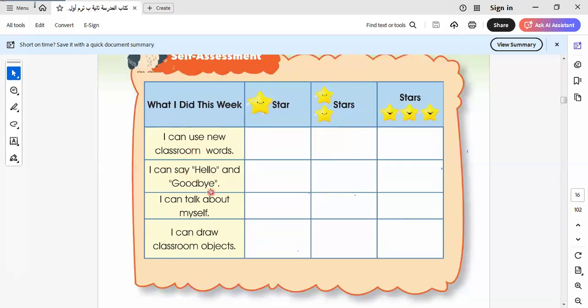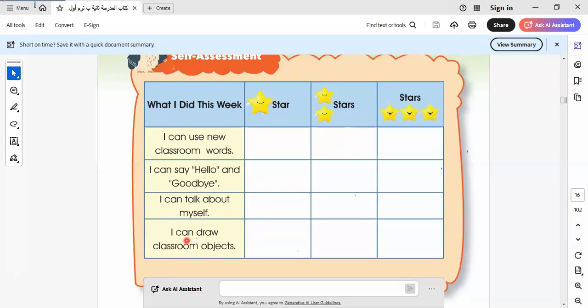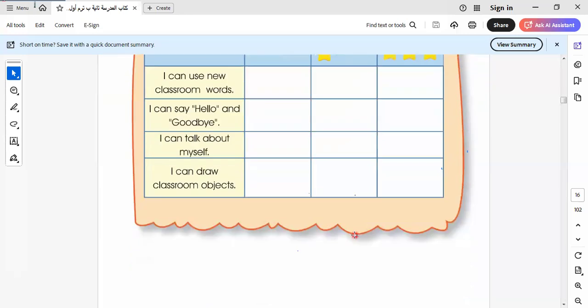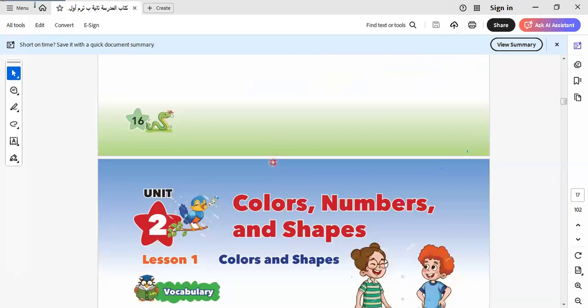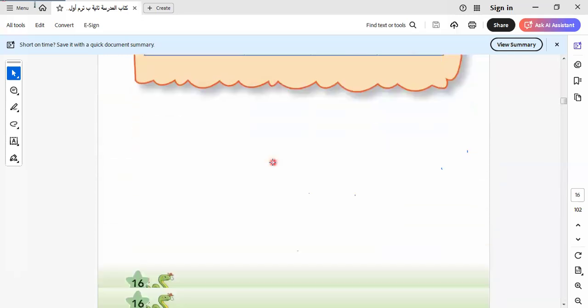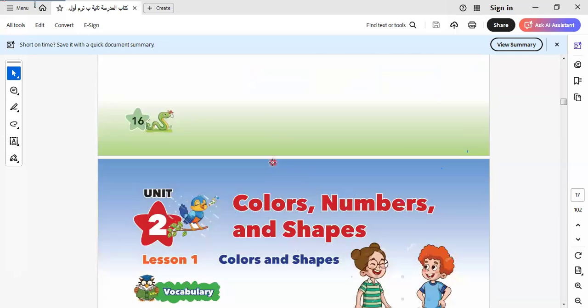I can say hello and goodbye, three stars. I can talk about myself, one star. I can draw classroom objects, two stars. I leave this for you to do by yourself as homework, because it depends on each person.